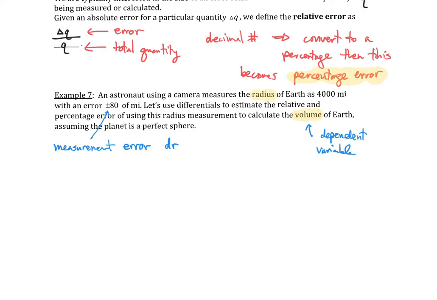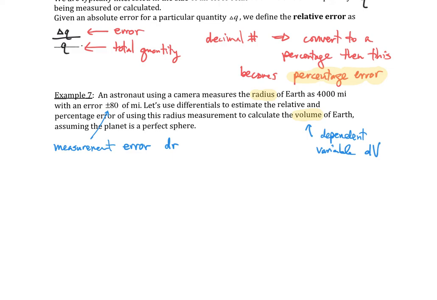In our description up above, this would correspond to the delta Q, but we're not going to call it delta Q. We're going to use V for volume. So what we're trying to do is calculate what dV is. Let's see how this is going to work.